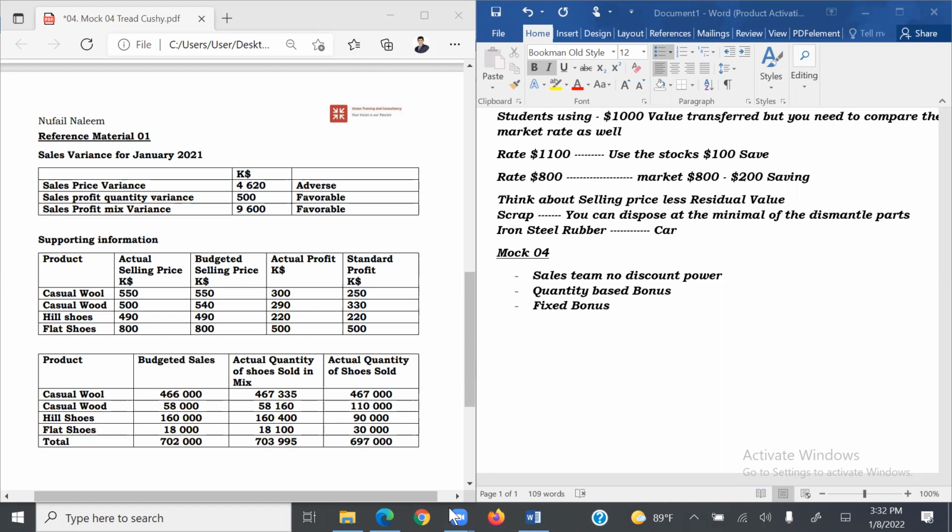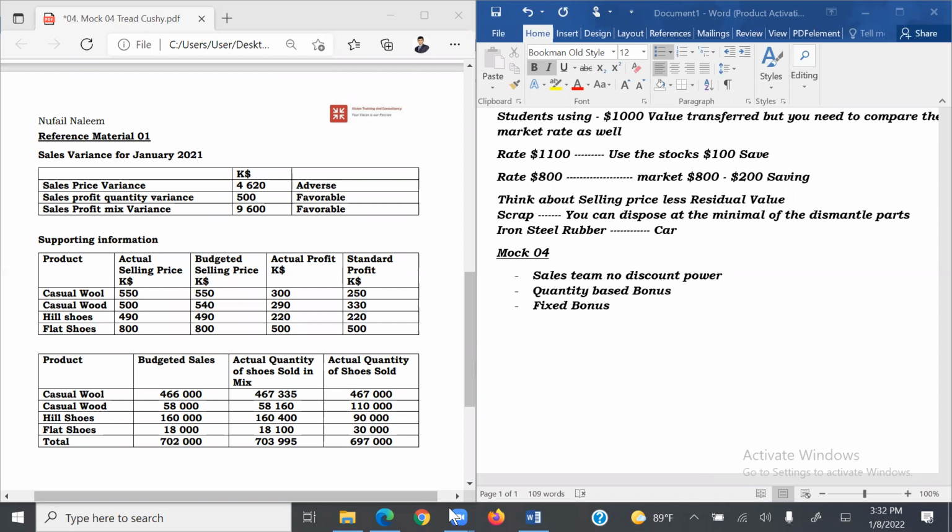Now if you say actual profit is 300 and the standard profit, what you expected, was 250. And if you observe here as well, casual wood shoe, the selling price has reduced compared with the budgeted selling price. And what has happened is the actual profit has also gone down. Heel shoes have remained the same.